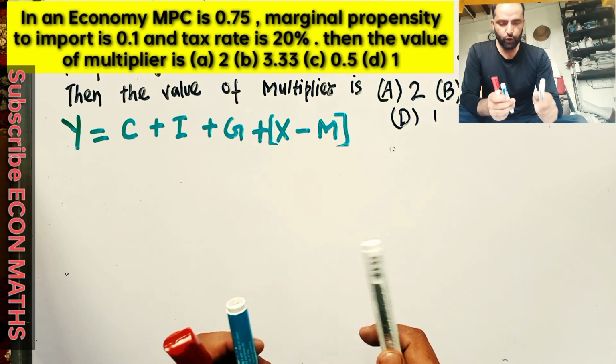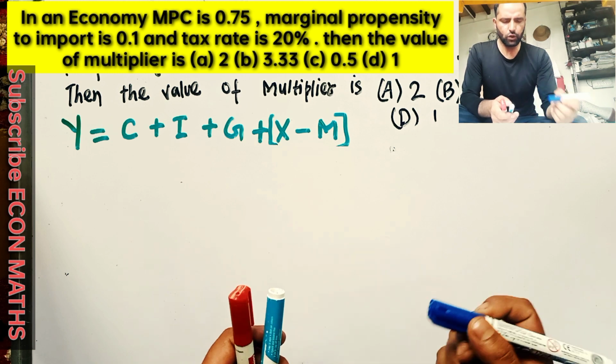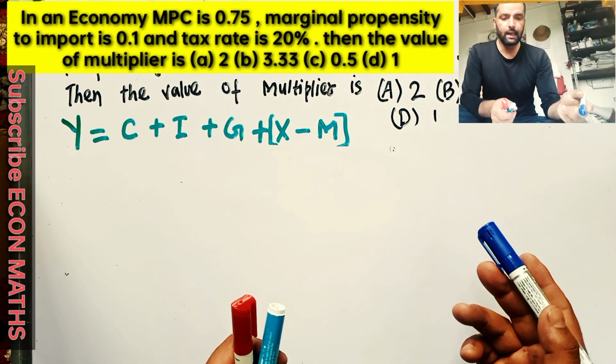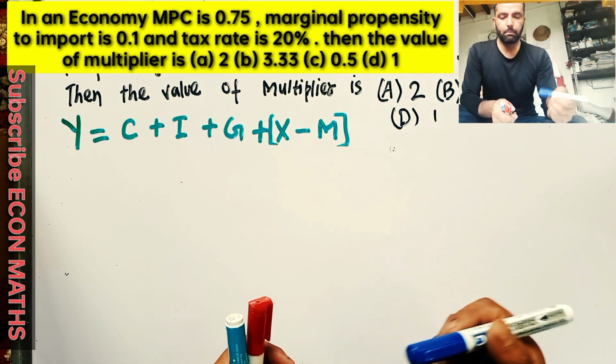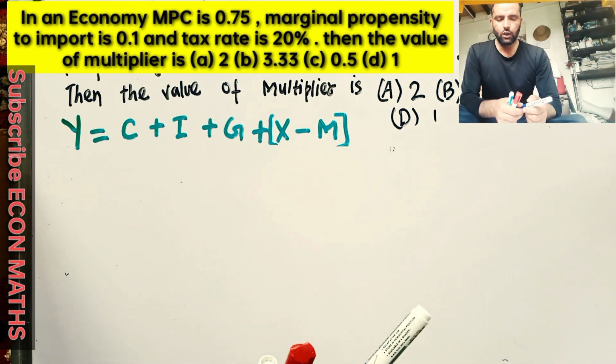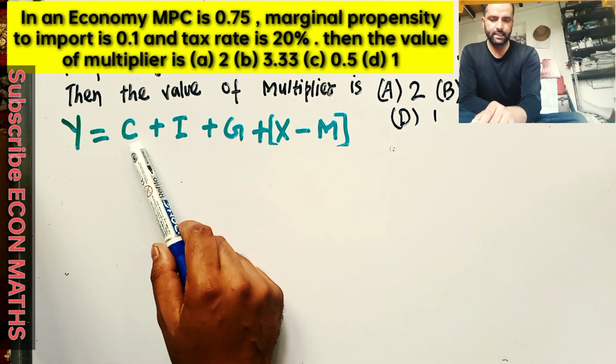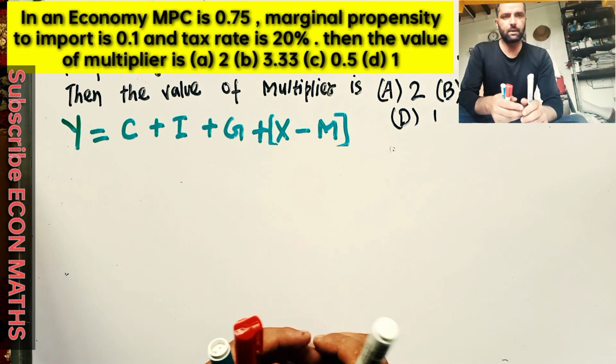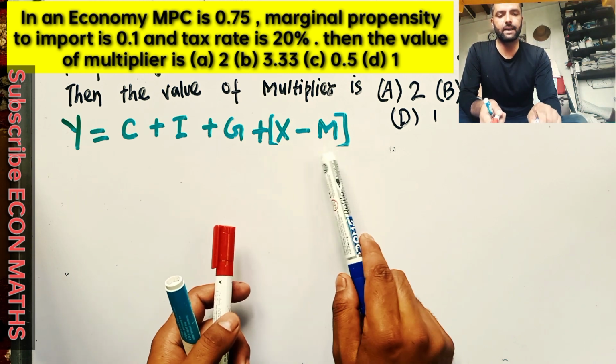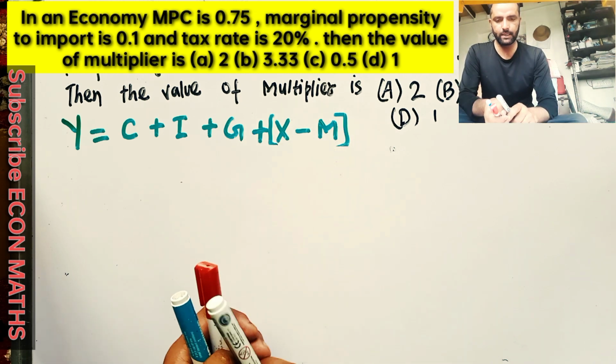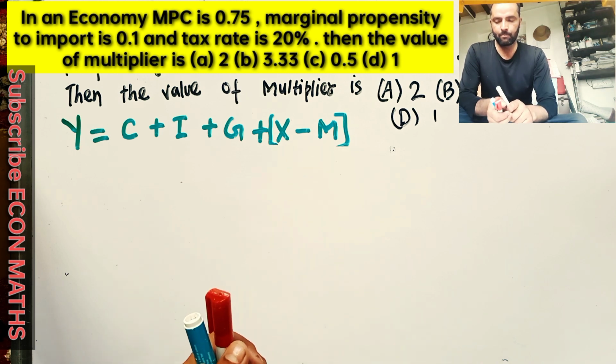Before we actually find the value of multiplier, let us first derive the multiplier. We know our total income is equal to consumption expenditure plus investment expenditure plus government expenditure plus X minus M, that means net exports, exports minus imports.